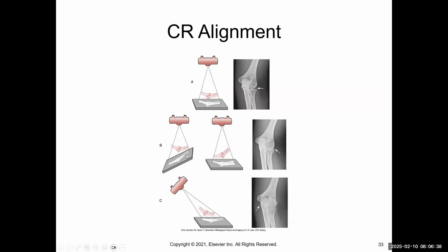This is showing you that you can get, this would be elongation here because the IR is tilted. This one also would be elongation because the central ray is angled against the part. What's this one called, where the part is not parallel? Yes, foreshortening. So this one is foreshortening.